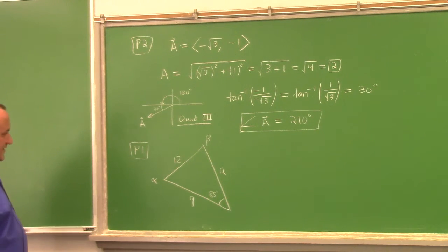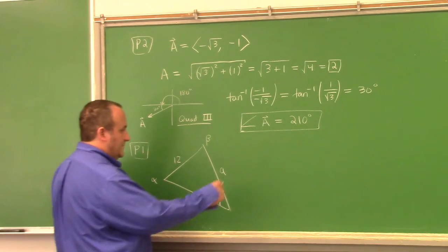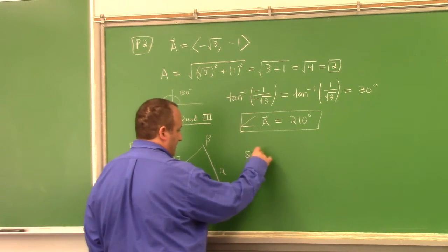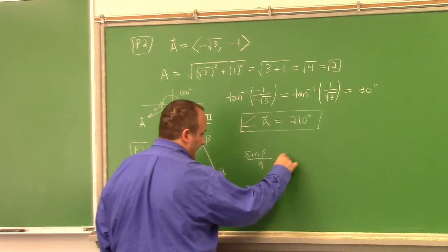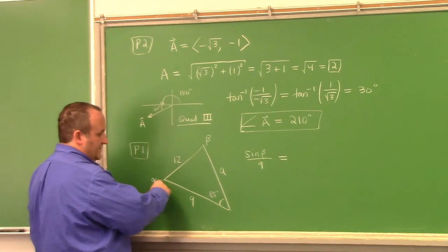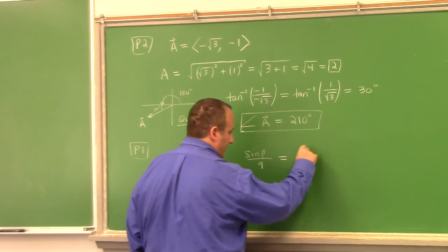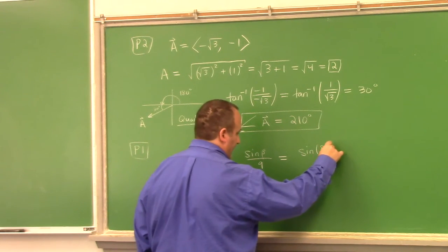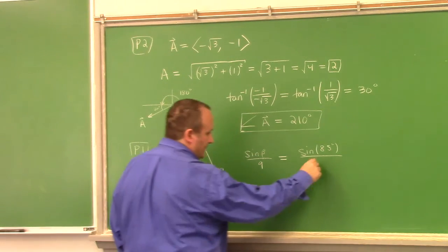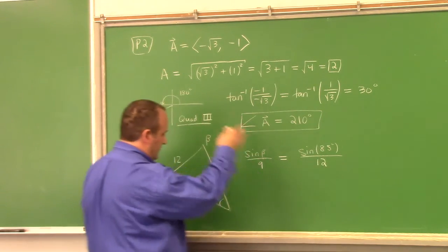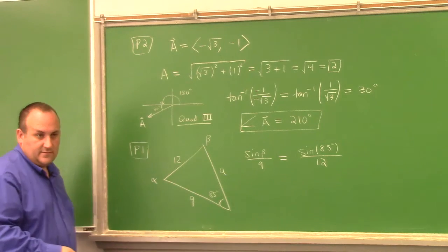Law of sines, okay, and so law of sines says what? It says sine of beta over 9 equals sine of 85 over 12. And you don't need to mess with the alpha and the A, right?